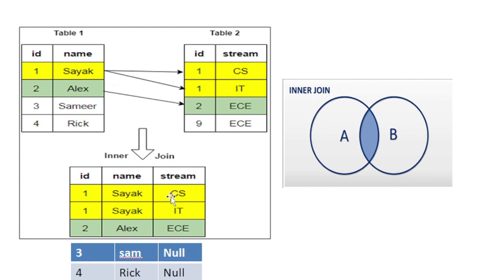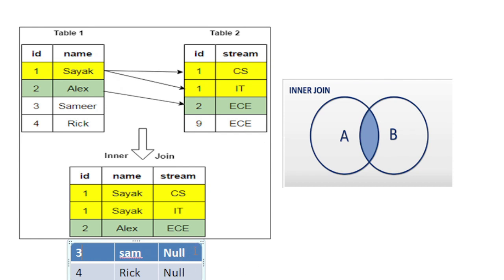As per the condition of the left join, we have all the data from the left table, so we have the third and fourth IDs, Samir and Rick, as well. But as per the definition, we have only the common data from the right table, not all the data. So that's why there is no match for this row.